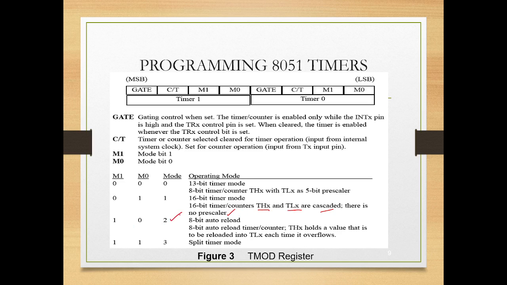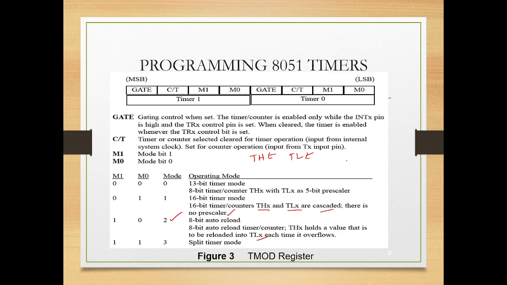Next, mode 2. In mode 2, we have 8 bits for auto reload as well as 8 bits for counting purpose. That is, TH holds the value for reload, TL holds for timer overflow. We are using the registers separately here, TH for auto reloading the value, TL for overflow. For example, I'm reloading the value. Let me start the count.